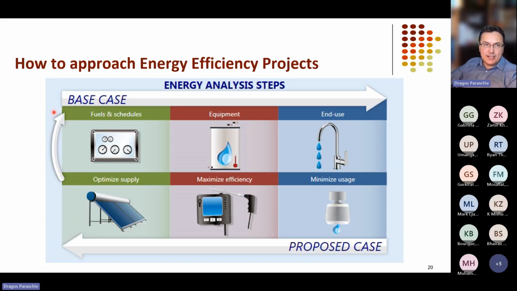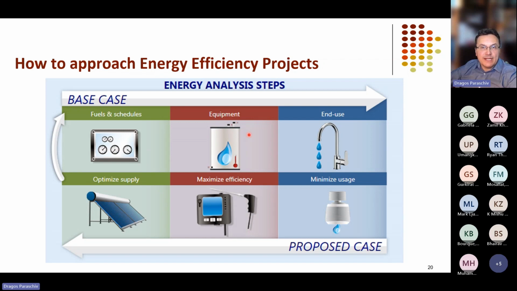Also, just to think about the approach, the methodology of addressing energy efficiency in our buildings, we typically focus on understanding how the building uses energy. We look at the type of fuels and schedules. These would be the parameters that energy modeling in RETScreen uses. We look at the efficiency of equipment.